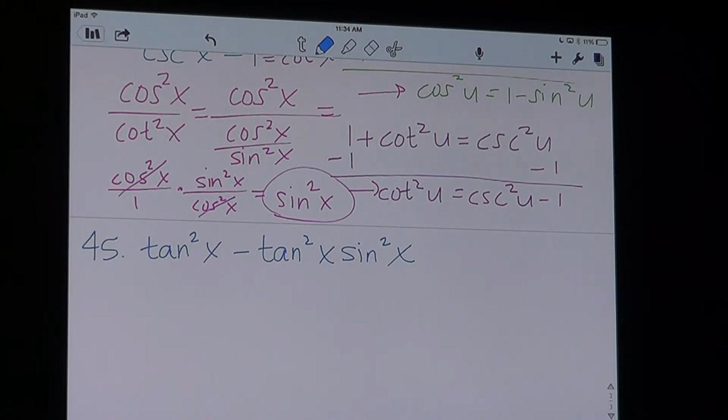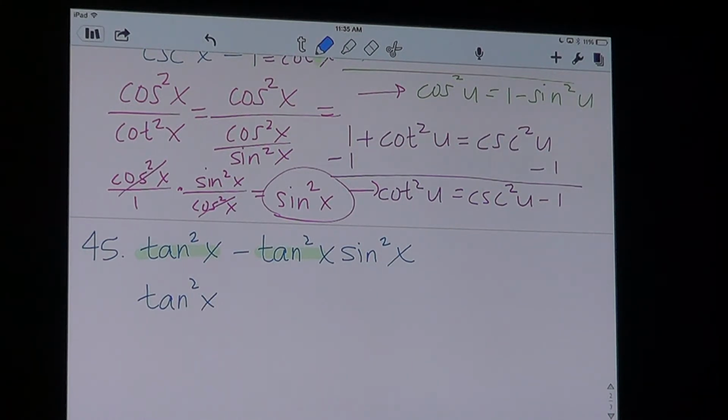Well, we could factor out the tangent squared x, because there's a tangent squared x here, and there's a tangent squared x there. But sine squared x is multiplying by the tangent squared, so we can factor it out.